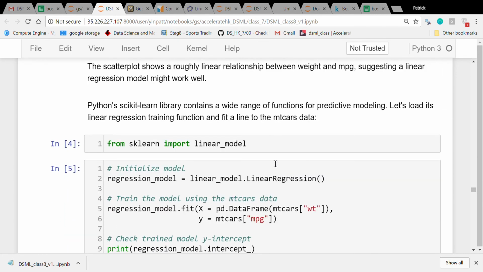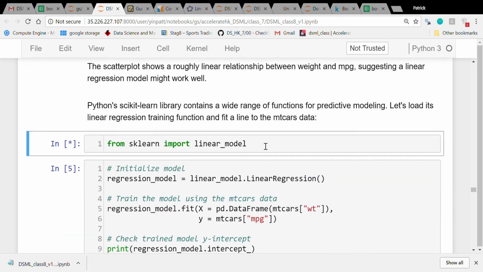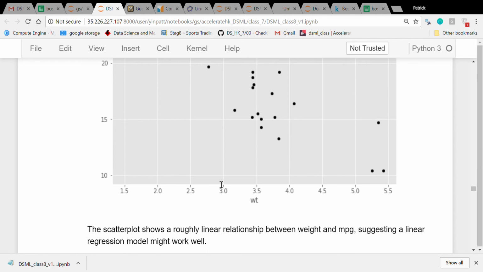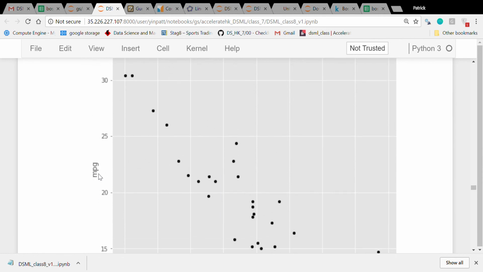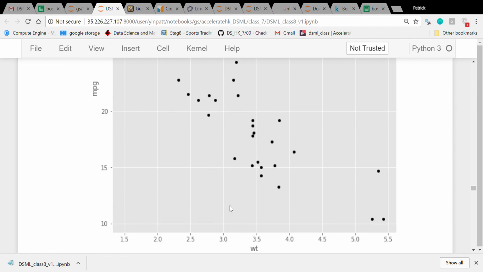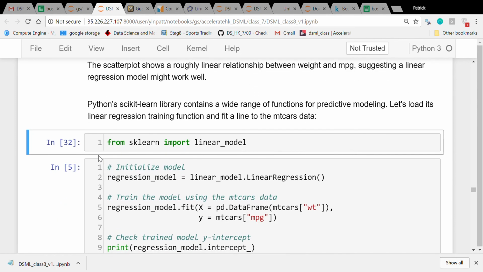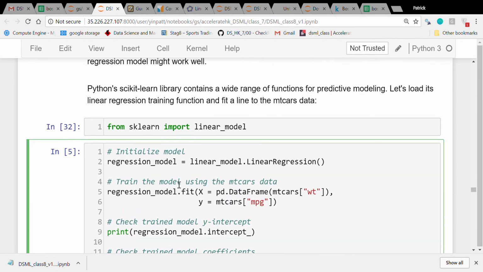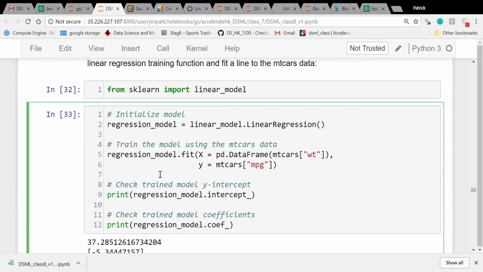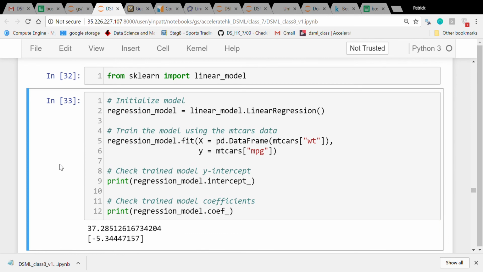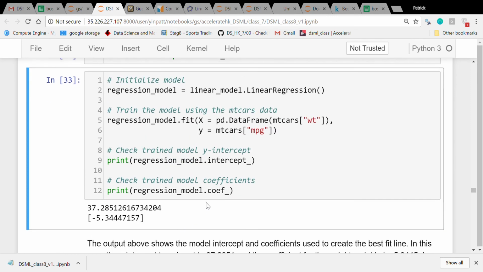Then let's say I want to do a linear model: given the weight, I want to predict the mpg. After you run the model, it gives you 2 numbers for the coefficients.